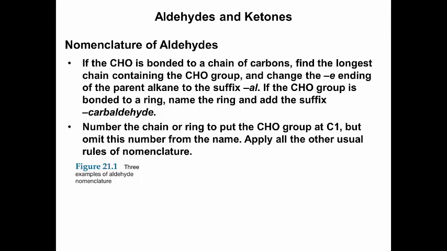If the CHO group is bonded to a ring, name the ring and add the suffix carbaldehyde. Number the chain or ring to put the CHO group at the C1 position, but omit this number from the name. Apply all the other usual rules of nomenclature.